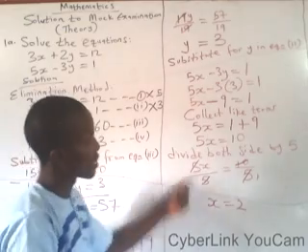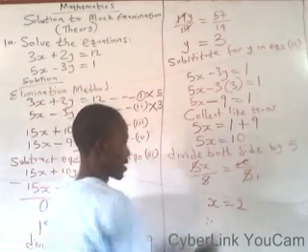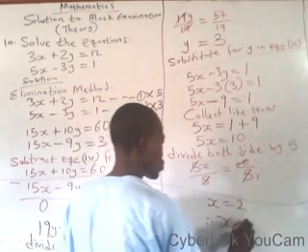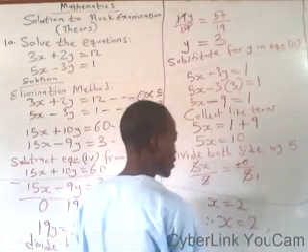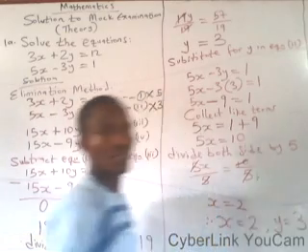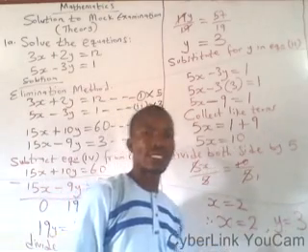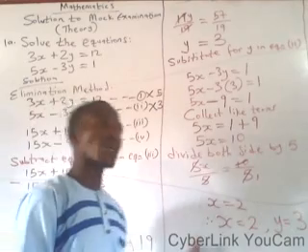Our value for x now is equals to 2. Therefore, x is equals to 2, comma, y is equals to 3. When x is equals to 2, y is equals to what? 3. Don't forget, you can cross-check it.